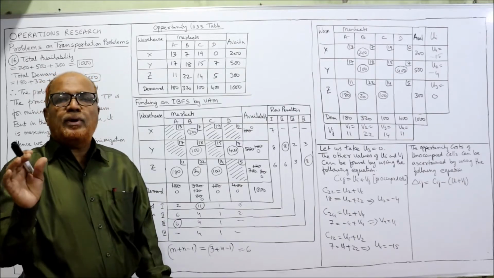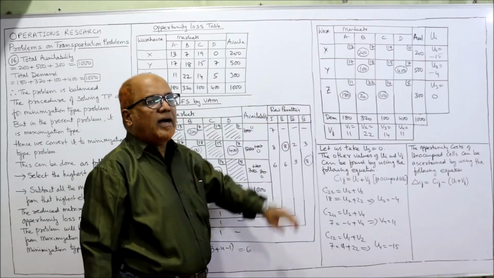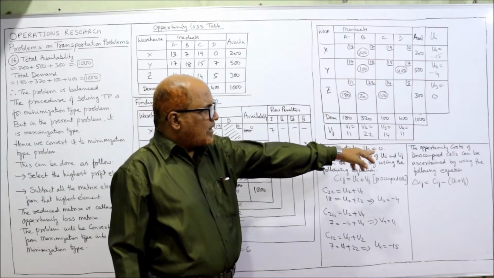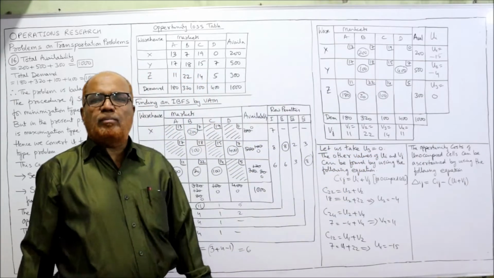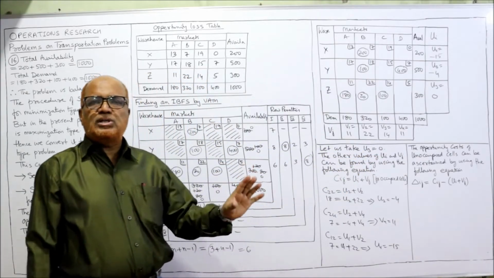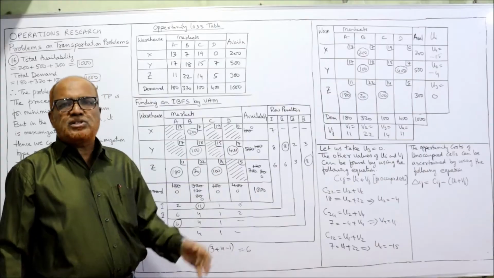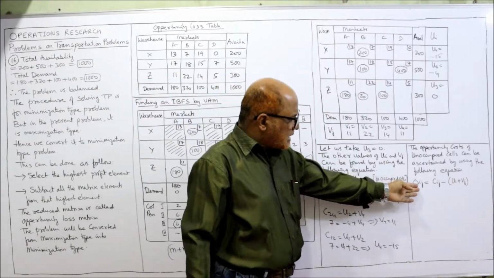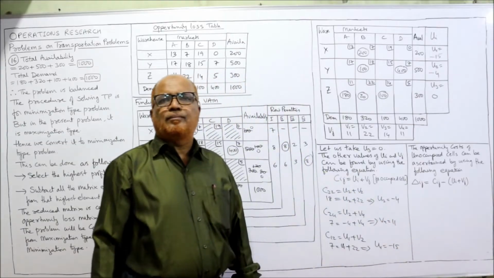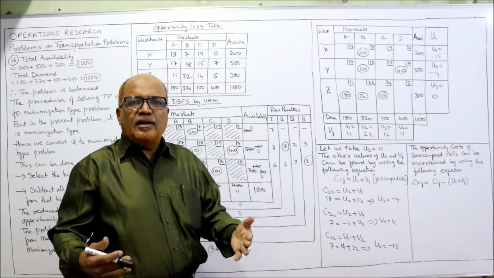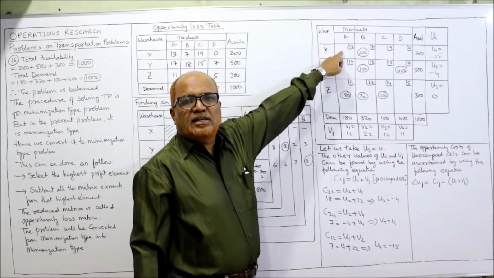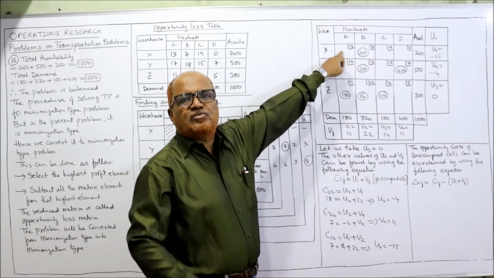Now we need the opportunity cost of unoccupied cells as usual. The opportunity cost of unoccupied cells can be ascertained by using the formula delta ij is equal to Cij minus (Ui plus Vj). Alternatively, orally I will explain. From Cij, subtract Ui plus Vj.